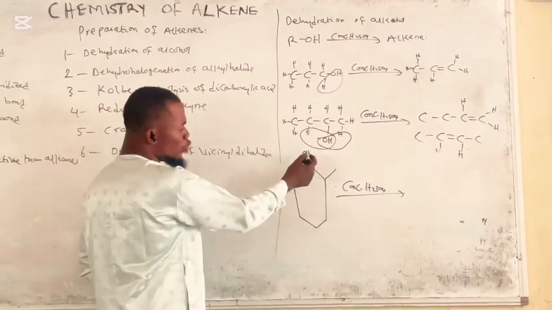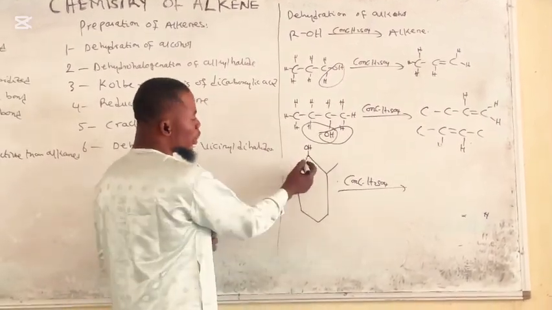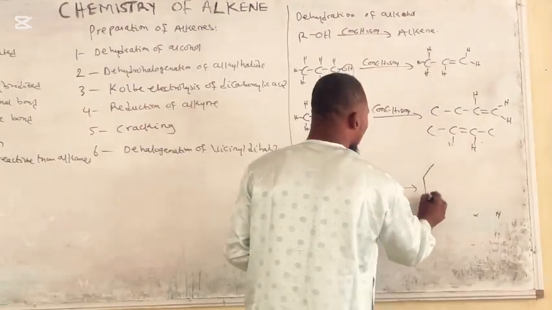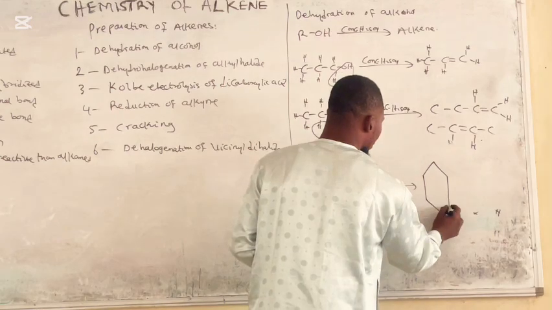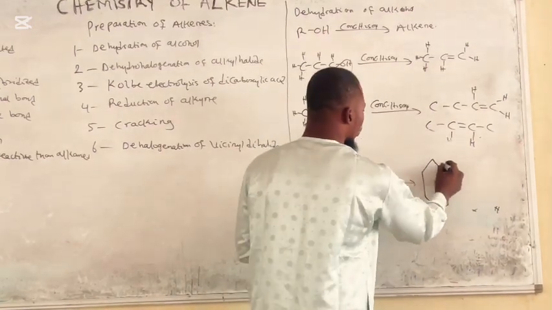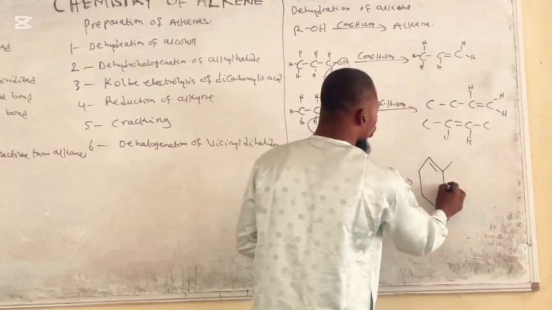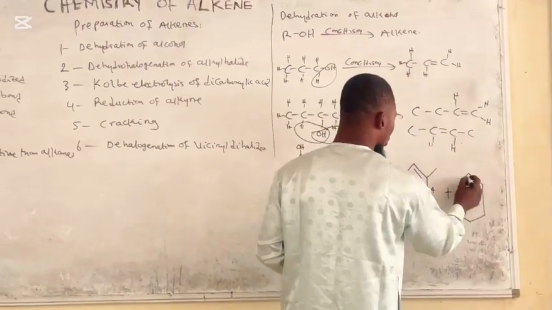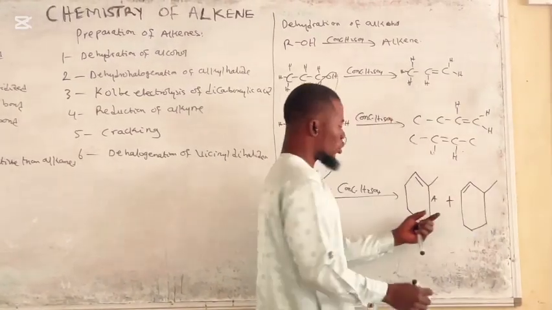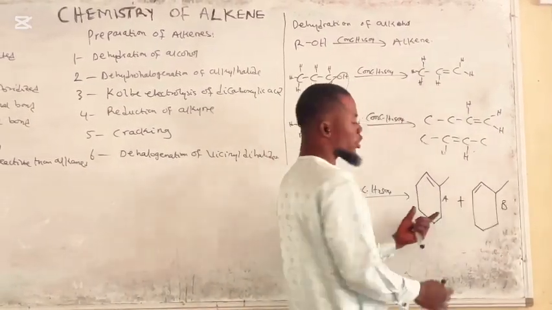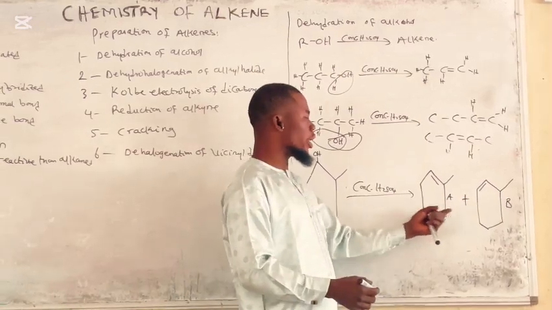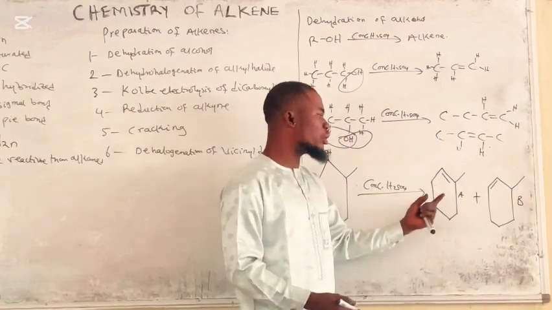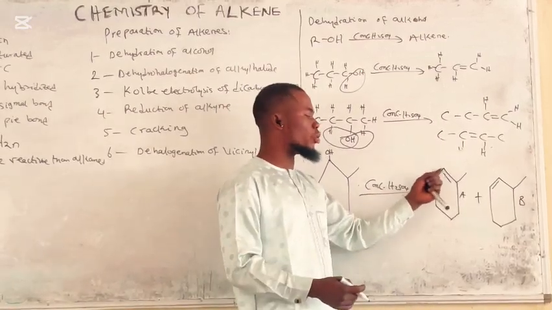If you remove water towards your left, you introduce a double bond between this carbon and the carbon here. So the two main products are product A and product B. Between product A and product B, which one will serve as our major and which as our minor? We'll count the hydrogens attached to the carbons with the double bond.